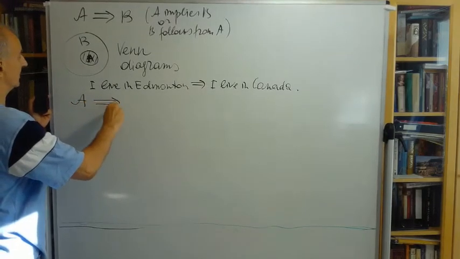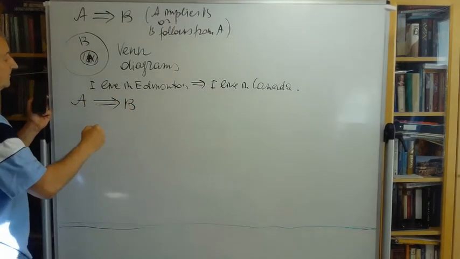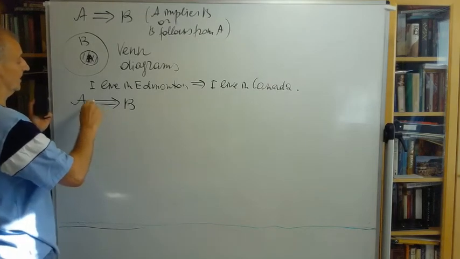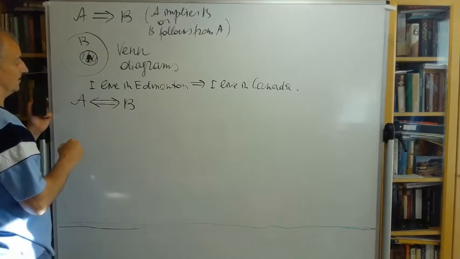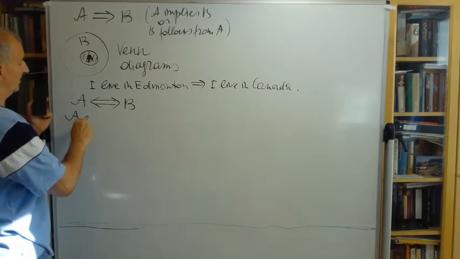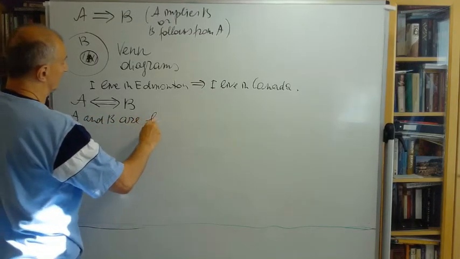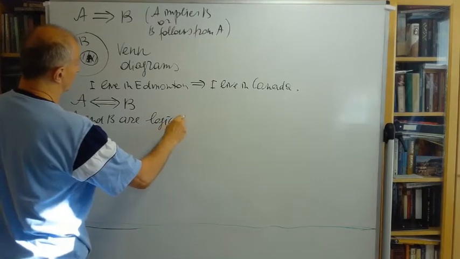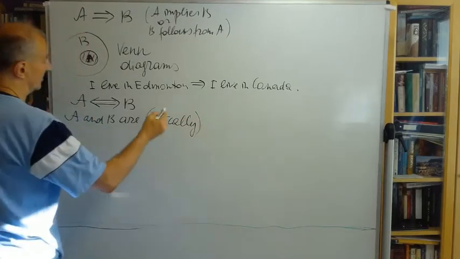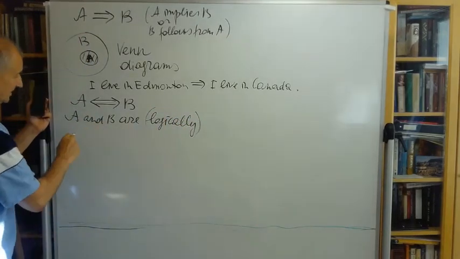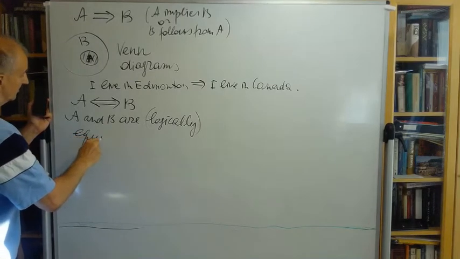A implies B, and B implies A. A and B are logically or somehow else mathematically equivalent.